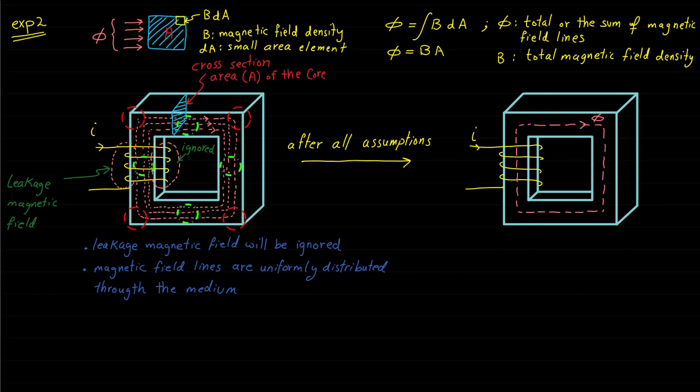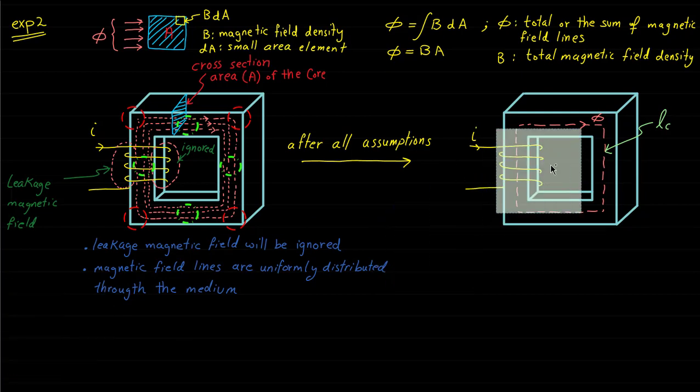Now, if we assume that the length of the mean path is equal to Lc, we can apply Ampere's law by first shading the area enclosed by the magnetic field closed path Lc. The total current will be equal to the sum of all conductor currents enclosed.